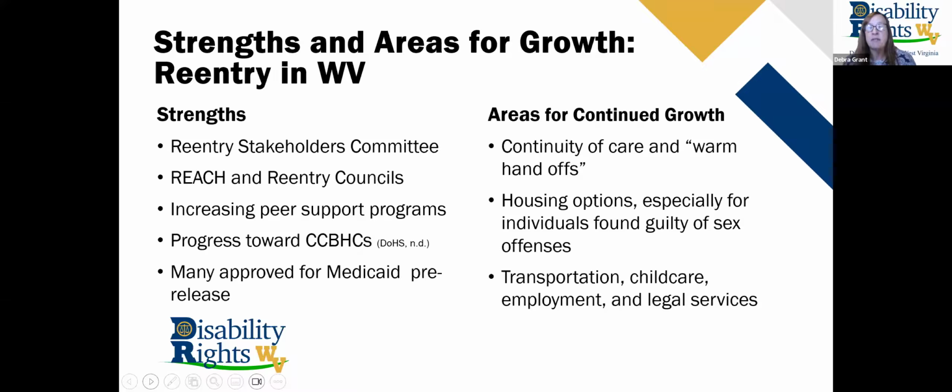And so more people are able to get more support. CCBHCs can reduce the risk of incarceration and recidivism, help improve access to medication-assisted treatment, and help with diversion. CCBHCs are required to partner with law enforcement and criminal justice agencies.